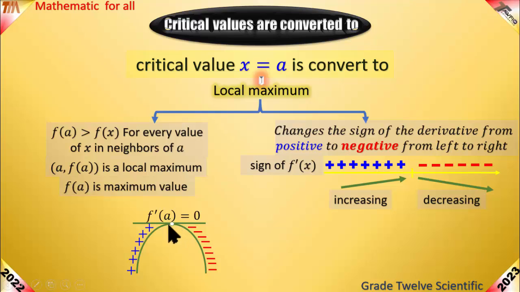This point is called a local maximum. And if the graph is like this, because it has a sharp head, the value of f prime at this point is undefined. When the sign of f prime is positive at the left and negative at the right, this point is called a local maximum.